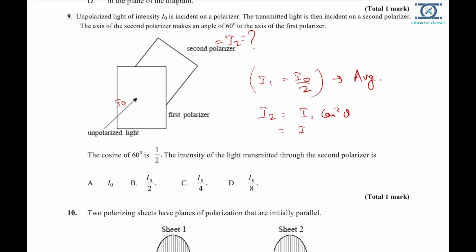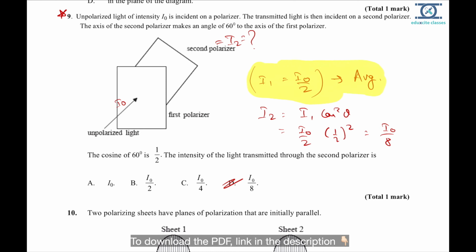Now I1 is I0 by 2, cos theta is given 60, so 1 by 2 square, so this will be I0 by 8. Okay, so option D. It's a good question. Please remember this point. This is very important, that it becomes the average whenever it passes through the first polarizer, if it is unpolarized light.